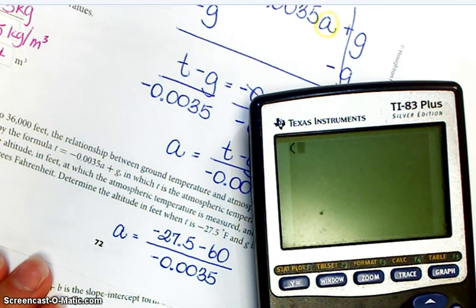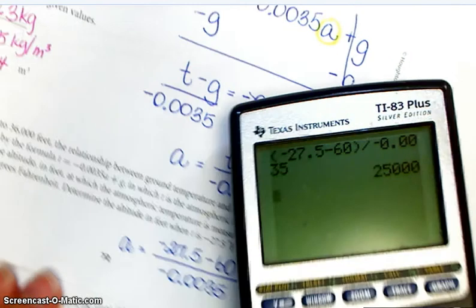You're going to open your parentheses, then the little negative sign, which is next to the enter sign, negative 27.5 minus 60, close your parentheses, hit the divided by button, and again a little negative sign, 0.0035, and then hit enter for your answer.